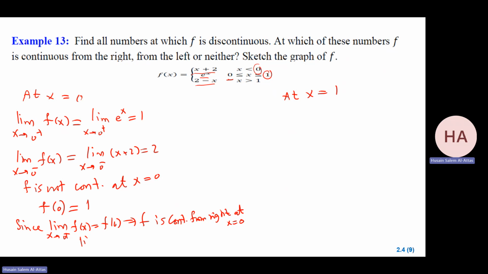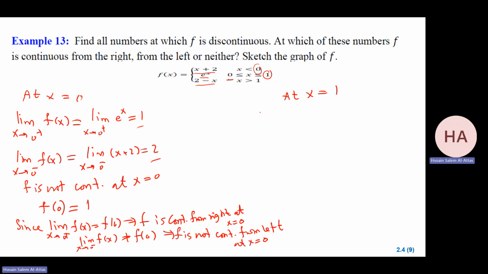But the limit as x goes to 0 from left is not equal to f at 0. So this is 2 and this is 1. So f is not continuous from left at x equals 0.